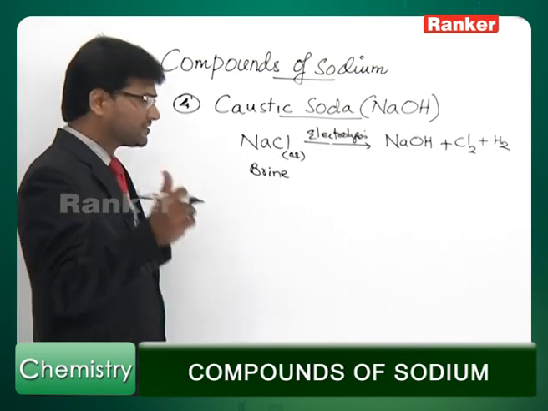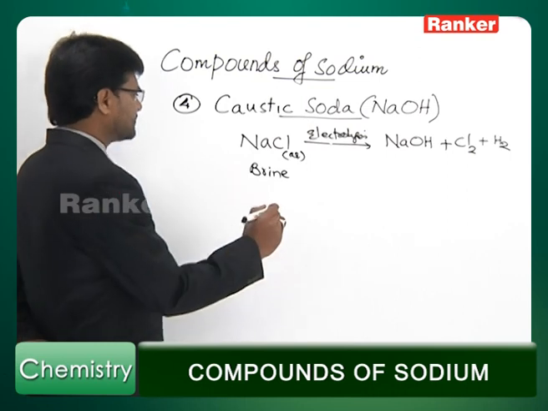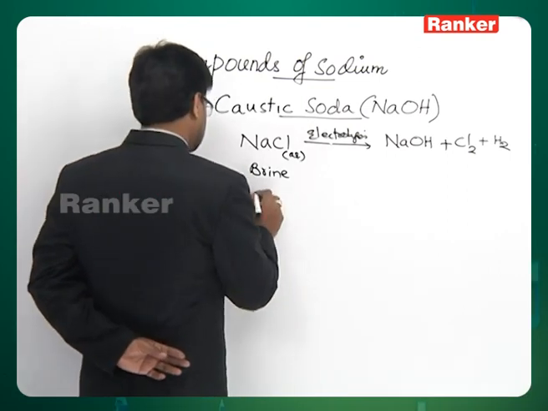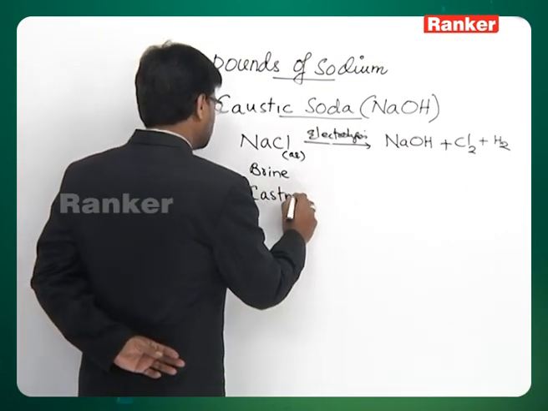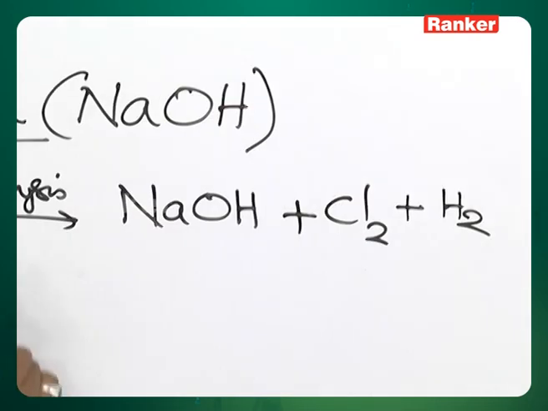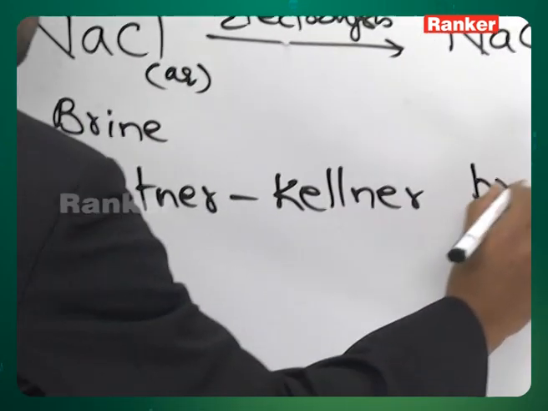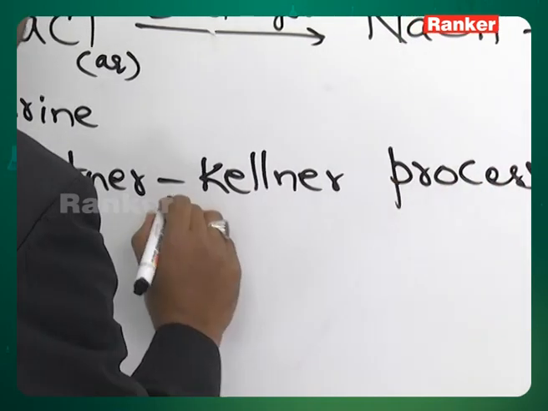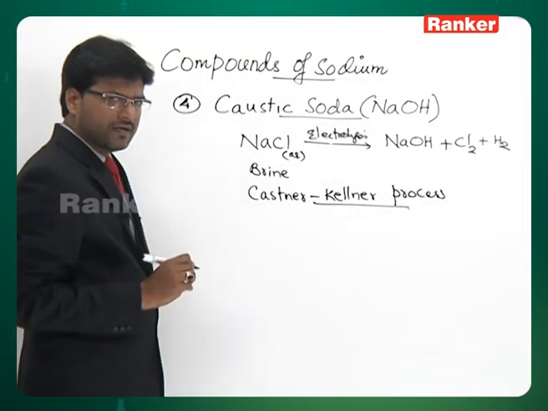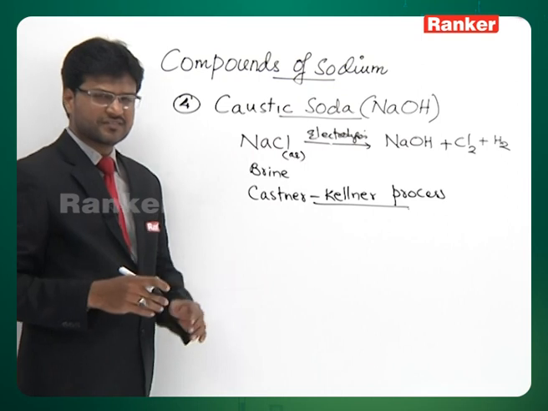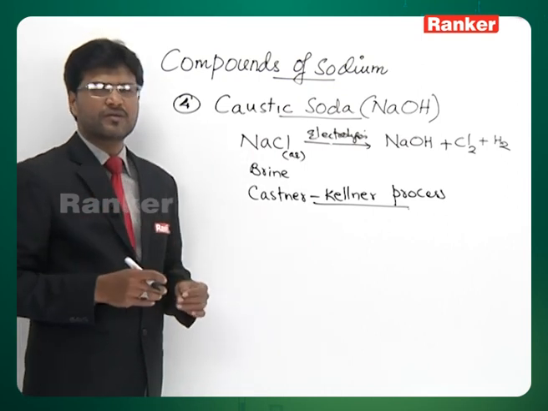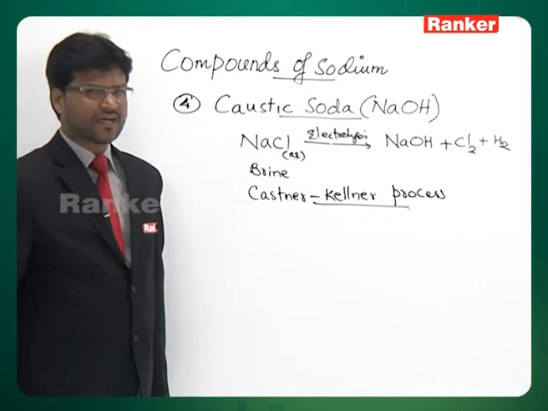Let's look at the process, called the Castner-Kellner process. The speciality of this process is that we make use of mercury as a cathode.